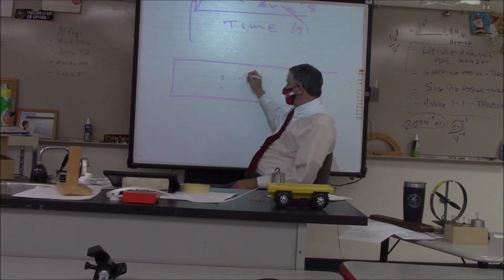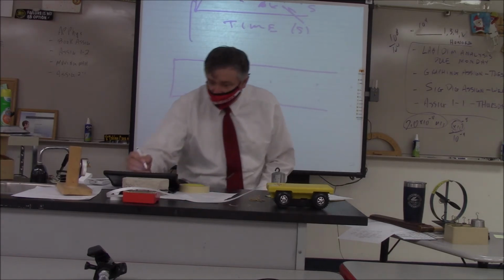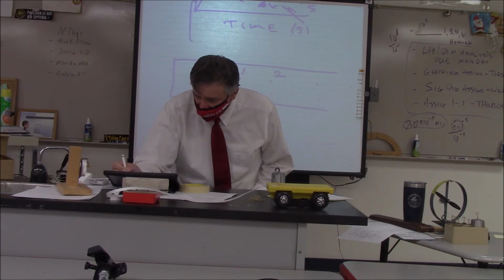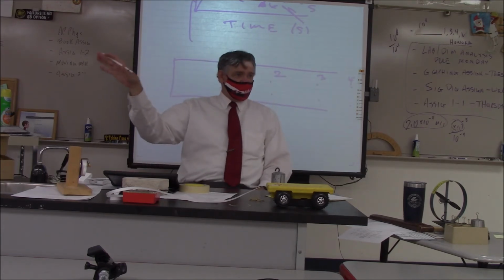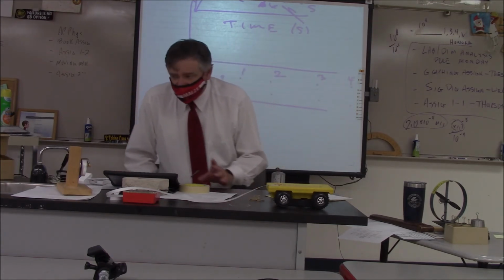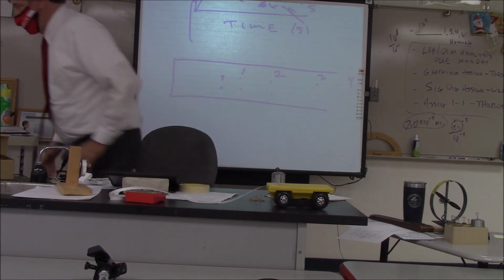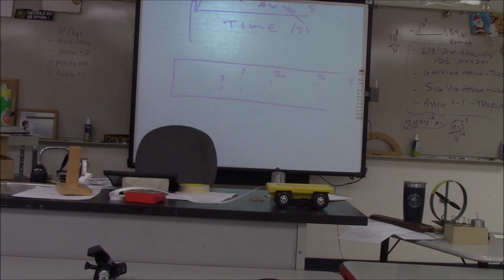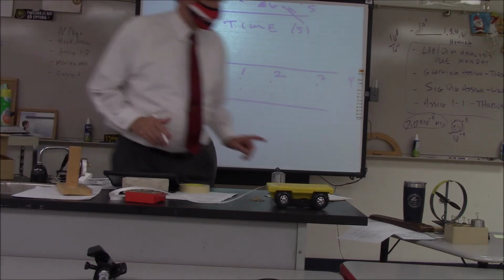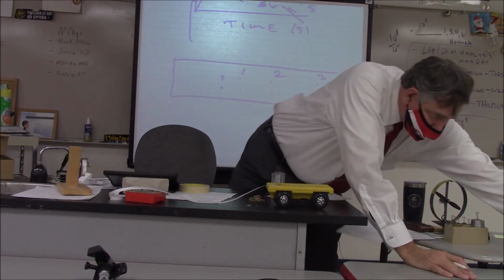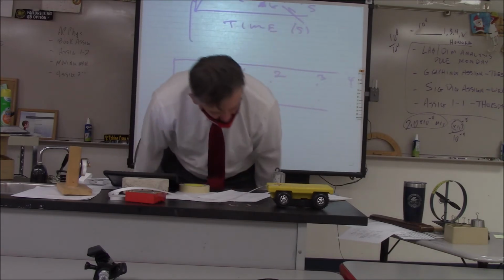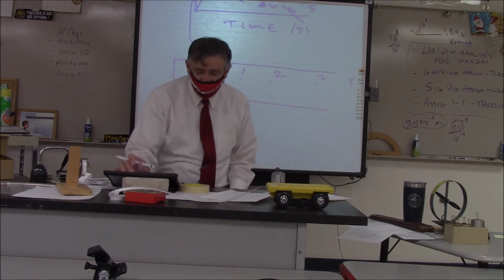So if you want to, you can come in here and label this: here's 1, there's 2, there's 3, 4, whatever. Then, as you're going across on your lab, you're going to go all the way through interval 12.